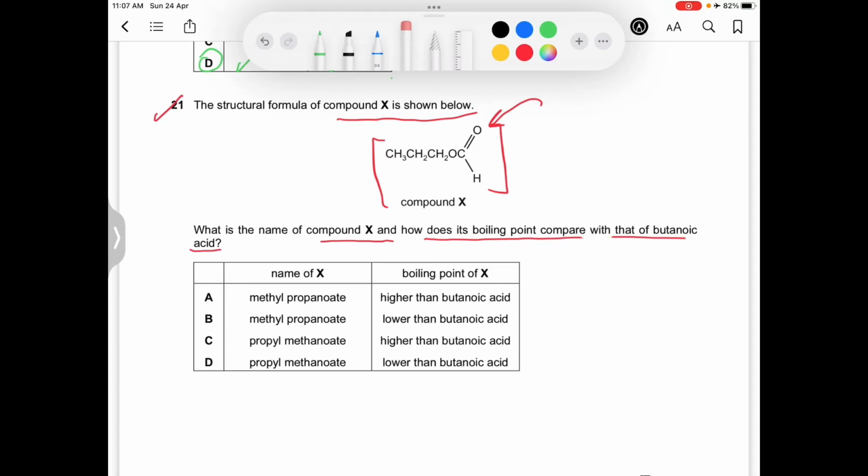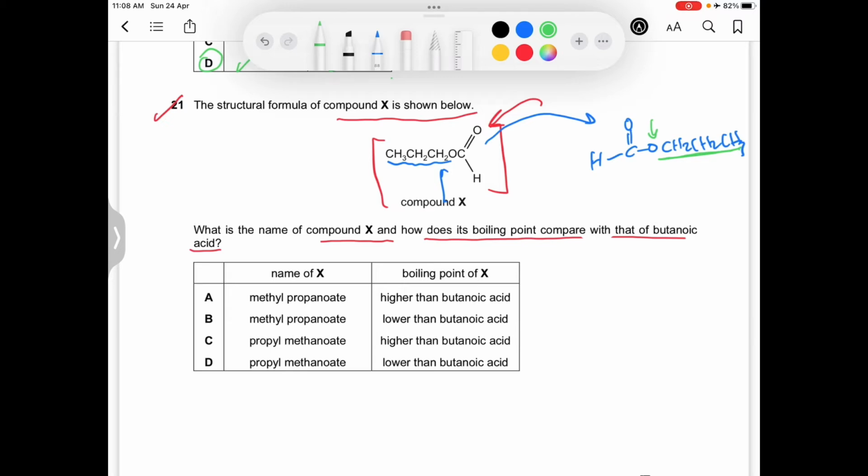If you want to translate this compound here, you count how many carbons are after the oxygen. We draw it in this form, O, CH2, CH2, CH3, just to make it easier to understand. You can notice that the carbons after the oxygen are 3 carbons.